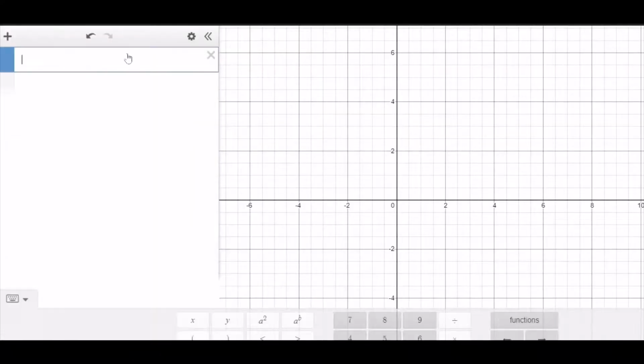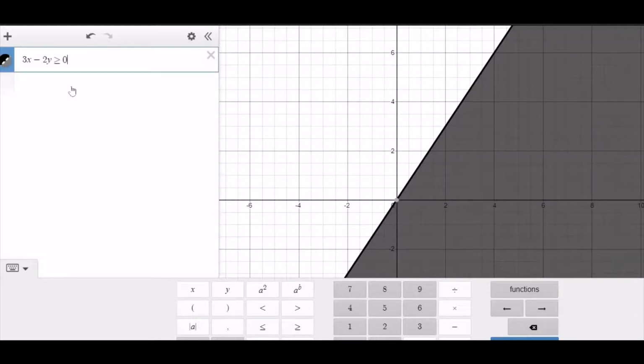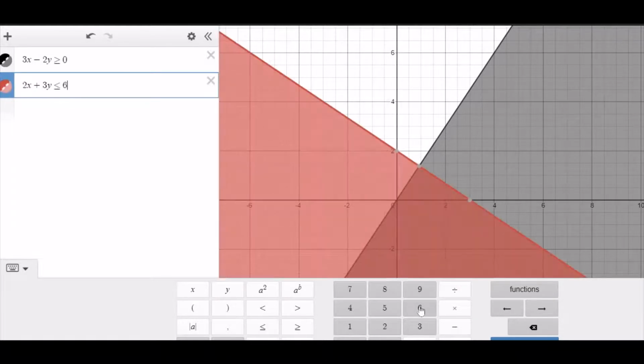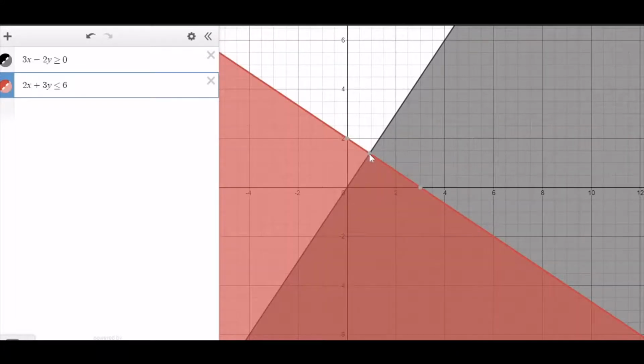So our constraints are 3x minus 2y is greater than or equal to 0, and 2x plus 3y is less than or equal to 6. So this is our region. Our region is starting from the top of this triangle and going down unboundedly.